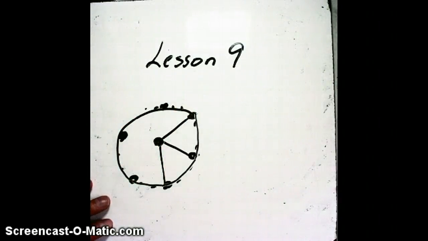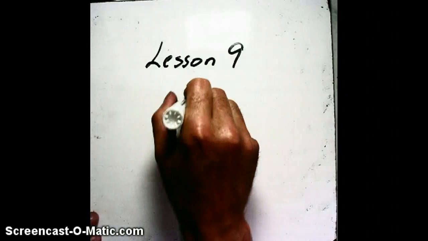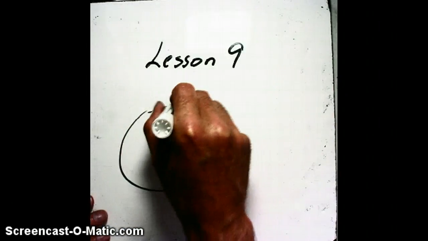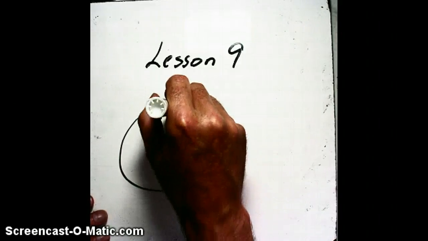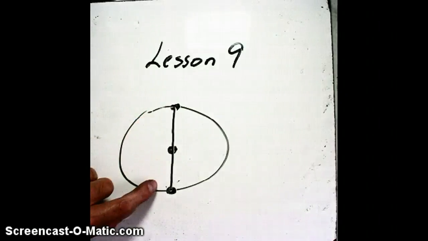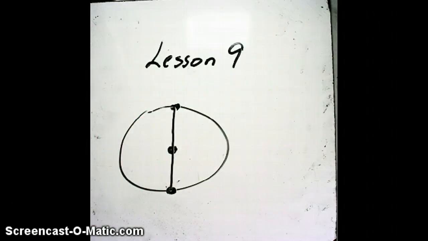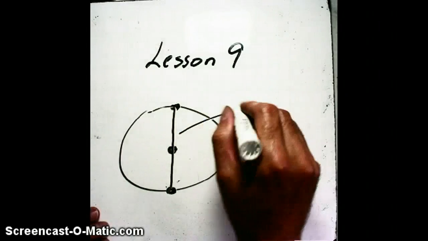So notice those qualities, those properties of a circle. Let's do that again. All right, here's a circle. Now, here's the center. Remember, the segment that joins the 2 points that are on the circle, that line or segment that goes through the center, that is called the diameter. See the D right here? Okay, diameter.